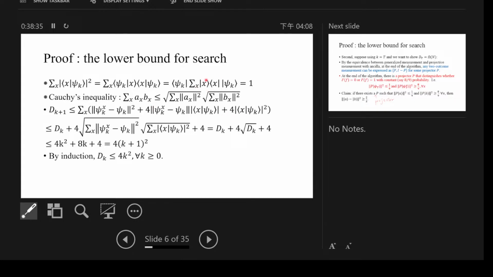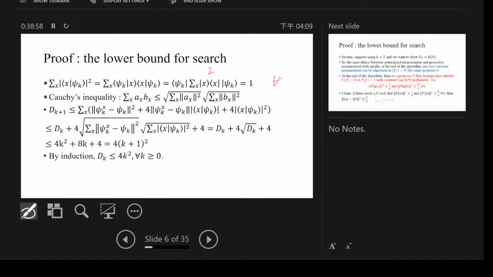Because we sum over x, and x is everything, this is the identity matrix. So we just have psi k multiplying the identity matrix plus psi k, and so this thing equals 1, no matter what your psi k is.